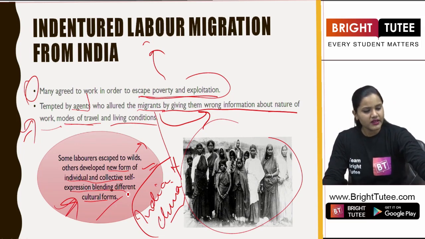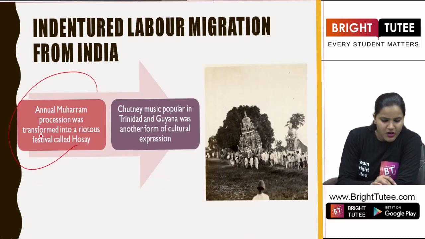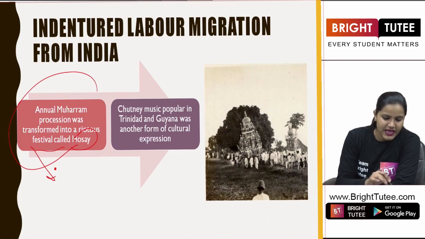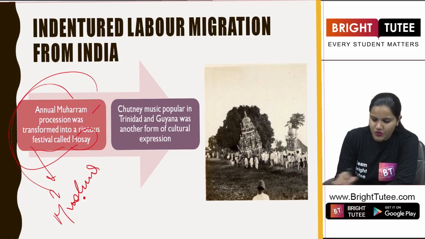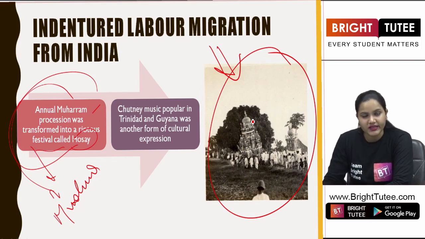And how was it done? Let us see that. The annual Muharram procession was transformed into a riotous festival called Hosay. So basically there was this annual Muharram procession, a festival for the Muslims, right? As you can see in the image, this was the Hosay procession. It turned into a riotous festival there.